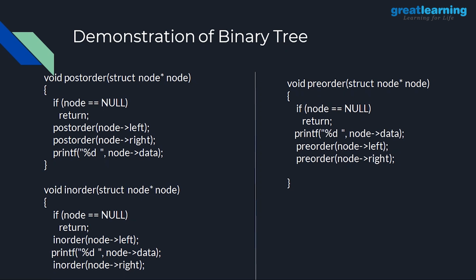Okay, so herein we have used three traversals, right? Post order, pre-order and in order. So let's talk about post order. Post means that we are printing our elements at the end. If we check this function, herein we have used first the statement that if node is equal to null, then return. So basically if there is no node in the binary tree, what are we going to traverse, right?